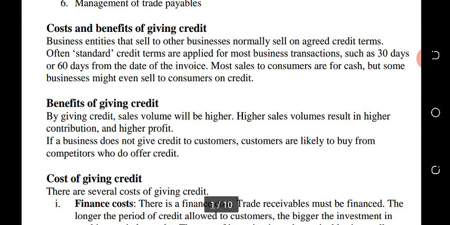Cost and benefits of giving credit. Business entities that sell to other businesses normally sell on agreed credit terms. That means when many companies issue an invoice, the invoice is on credit terms. An invoice is not cash, it's not a receipt for purchasing an item.